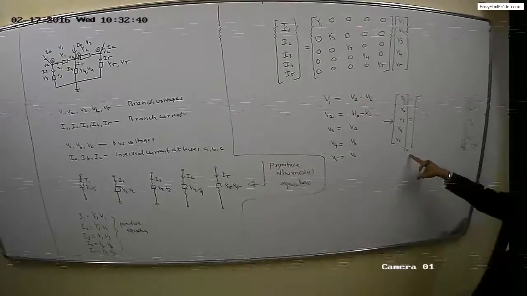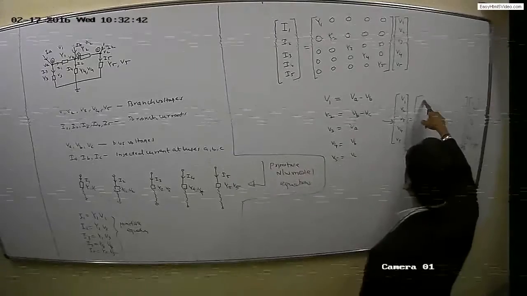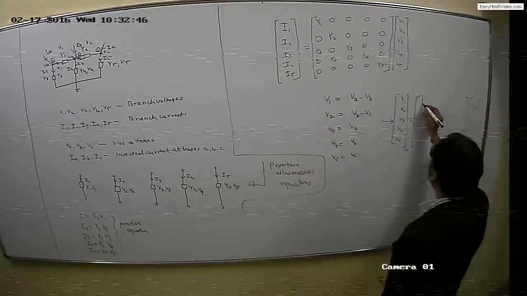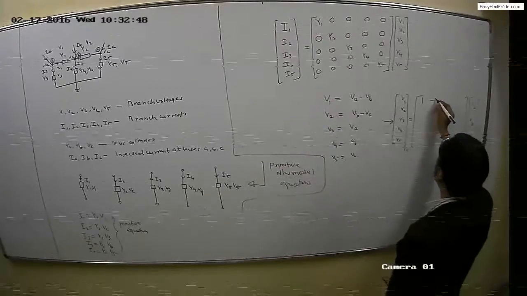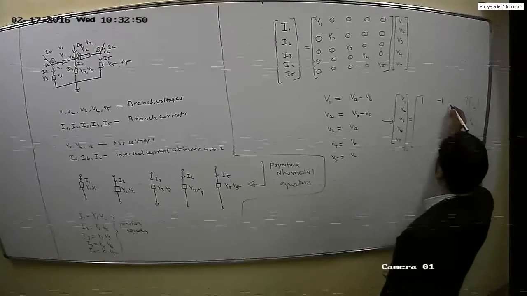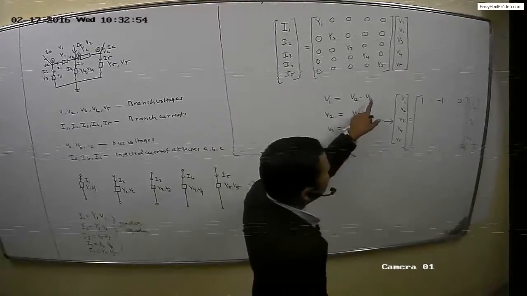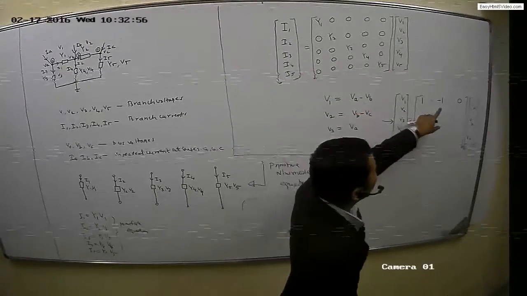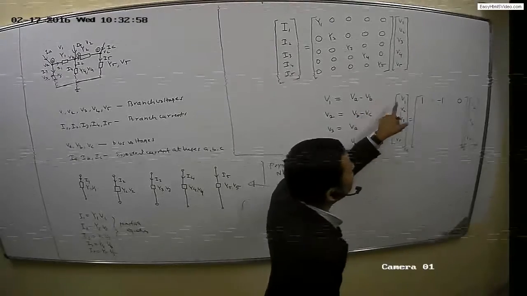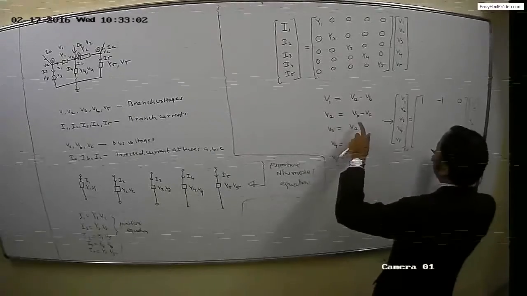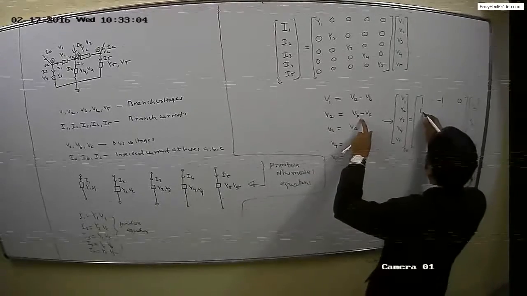So now if I write down the elements of this matrix, then V1 is equal to VA minus VB. So here plus 1, minus 1 and 0. The elements will be plus 1, and corresponding to VB element will be minus 1, and corresponding to VC the element will be 0. Now V2 is equal to VB minus VC.